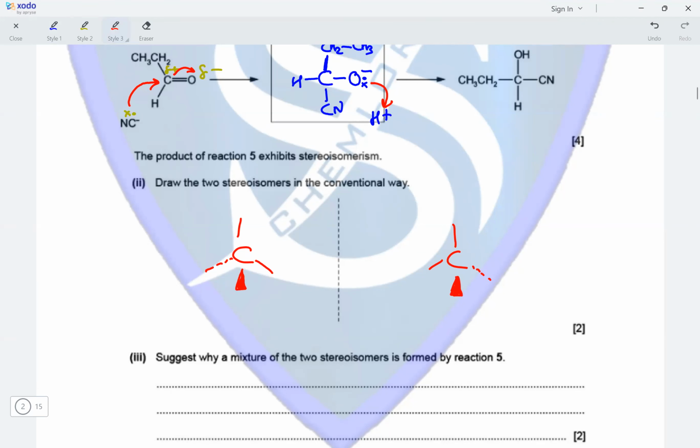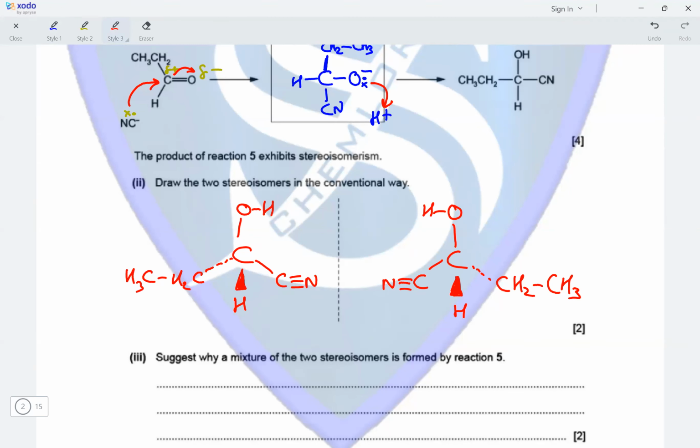So now we will place an OH group on one of the bonds, a CN group on another bond, the hydrogen atom on the third bond, and the CH2CH3 group on the fourth bond. And in this way, we have formed two stereoisomers of the product of reaction 5.